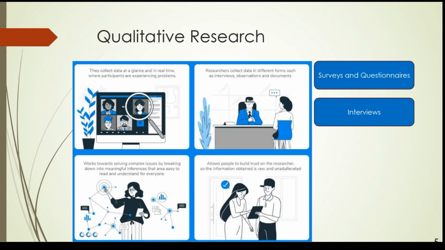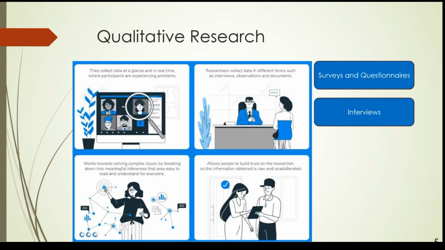So research can be quantitative or qualitative or a combination of both. If it is a combination, it is called mixed. Now in qualitative, we are looking at qualitative data, like classification. So qualitative data is collected in qualitative research.